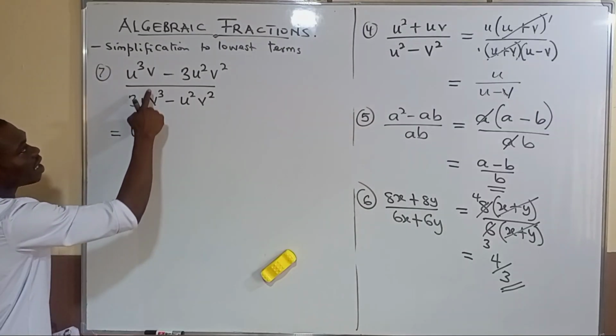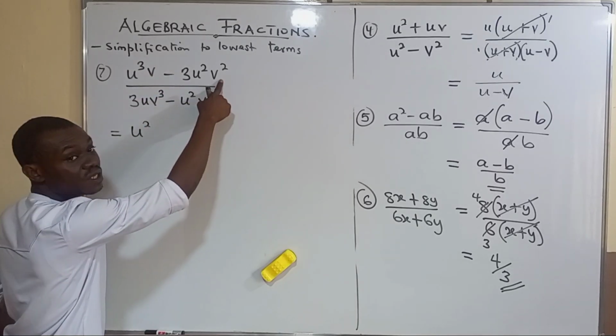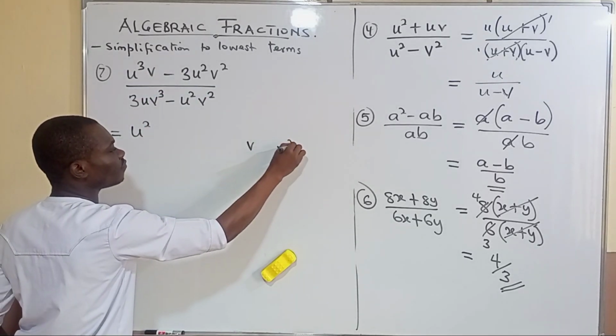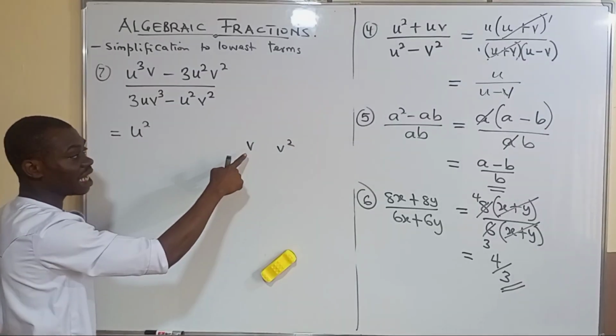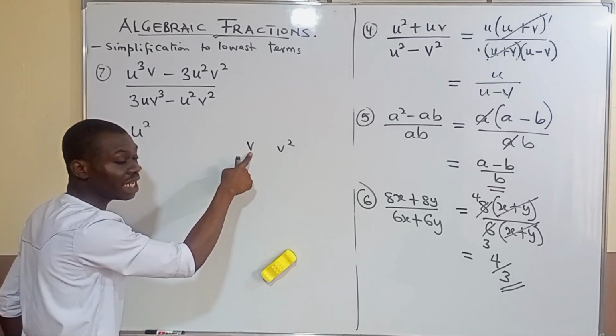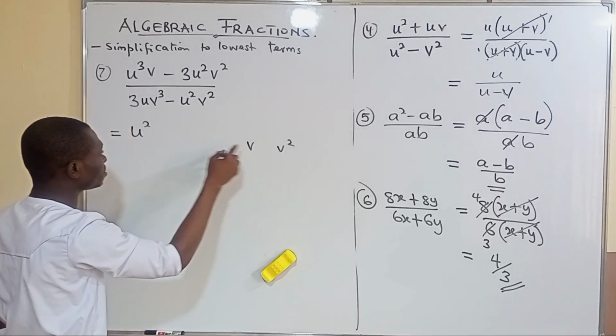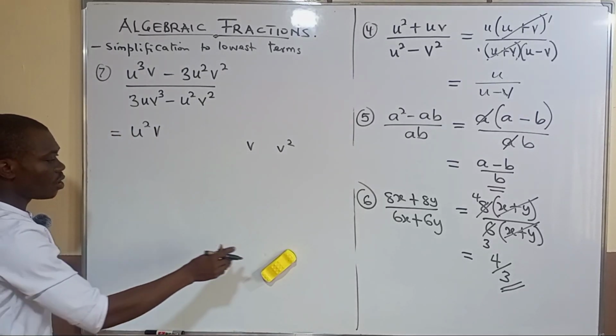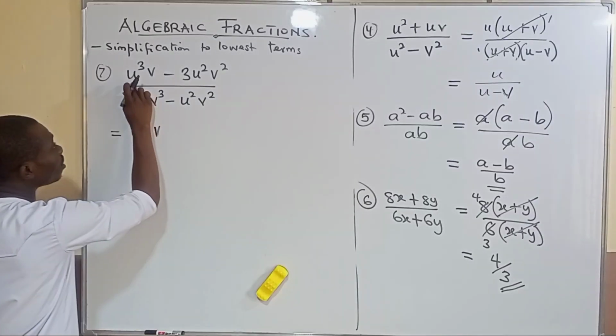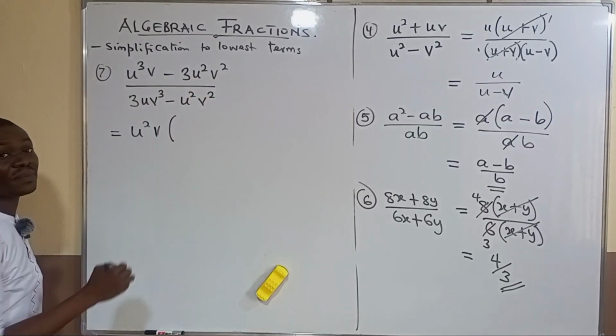Okay. Now I have v here and I have v squared. So between v and v squared, what's the common factor? That's v, the smaller one. V can divide v and also divide v squared. So I'll bring out v. Alright, so I think that's all for this. So I will open my bracket.